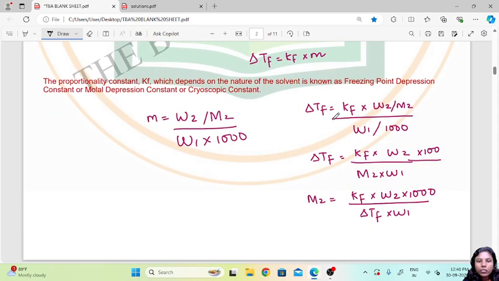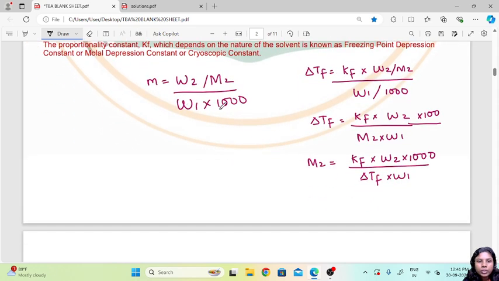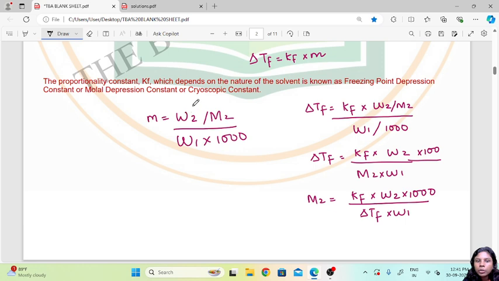Now if we substitute the molality as W2 upon M2, that is the given weight upon the molar mass of one, upon the given weight of the other into 1000.